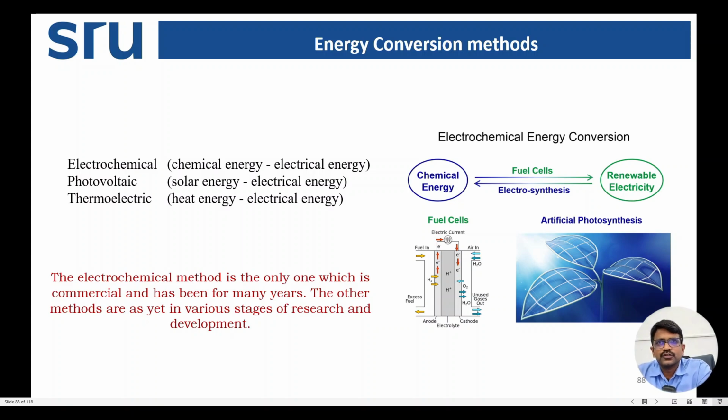This produced energy can be converted. For example, if you consider solar energy, solar panels convert solar light to electrical energy, right? Here you can see some of the energy conversion methods. For example, this electrochemical energy conversion.